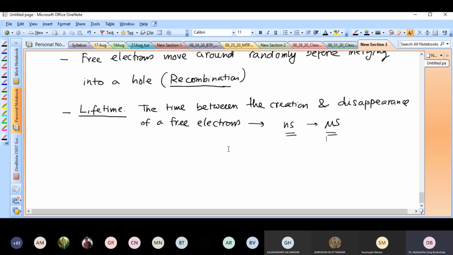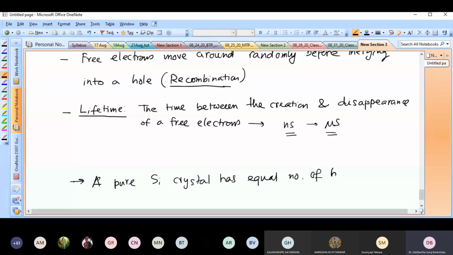So always keep in mind that a pure silicon crystal has an equal number of holes and free electrons. This is very important.